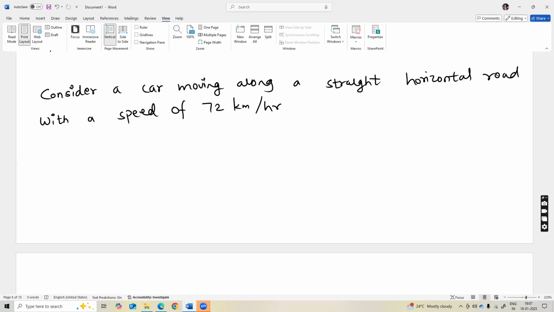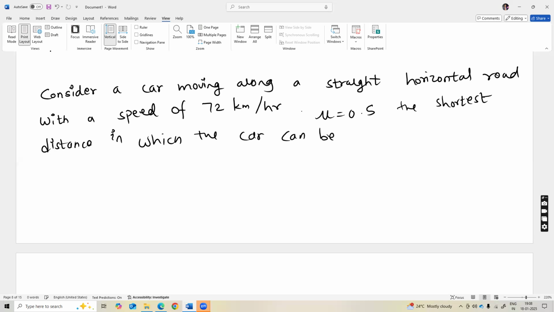If the coefficient of static friction is mu, so if mu is equal to 0.5, the shortest distance in which the car can be stopped is how much? g is given as 10 meter per second square.